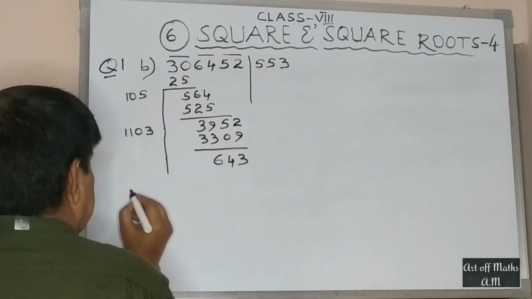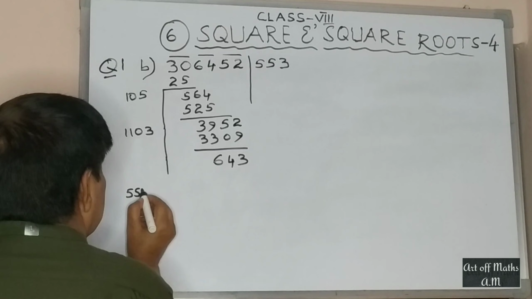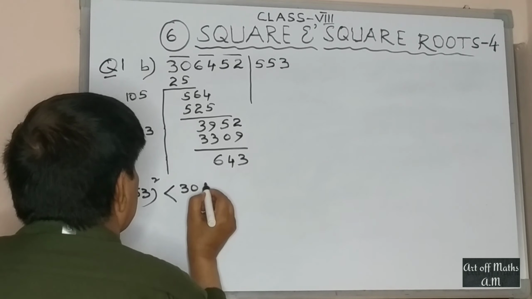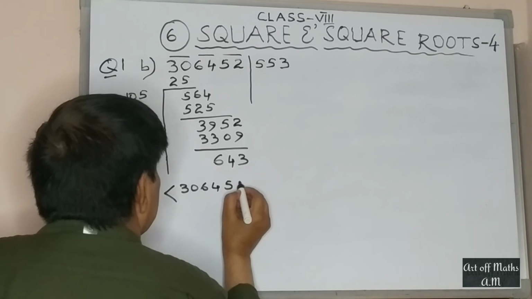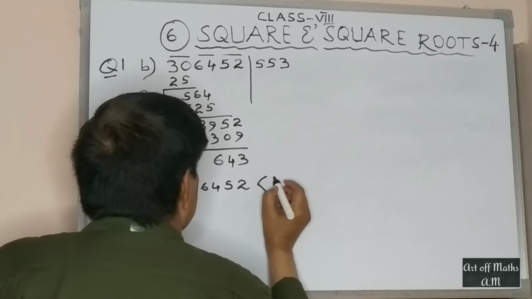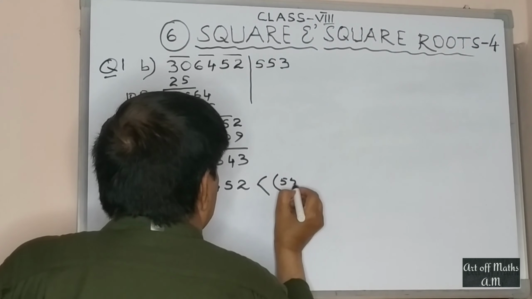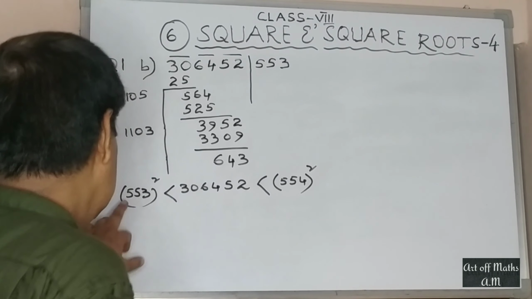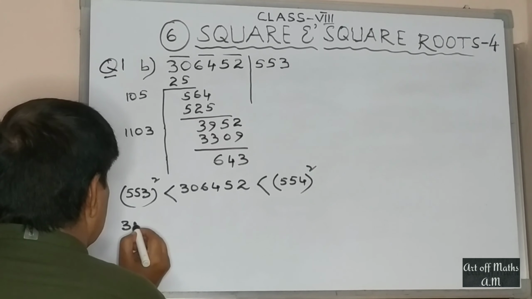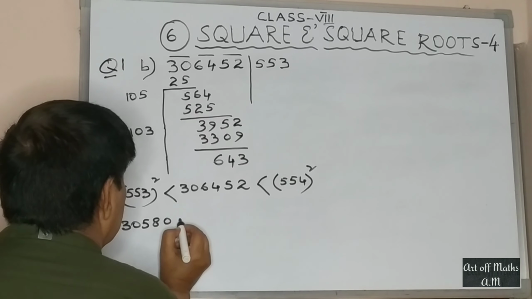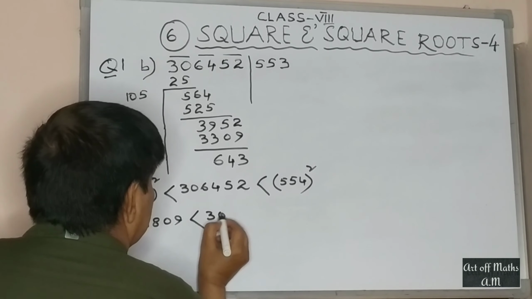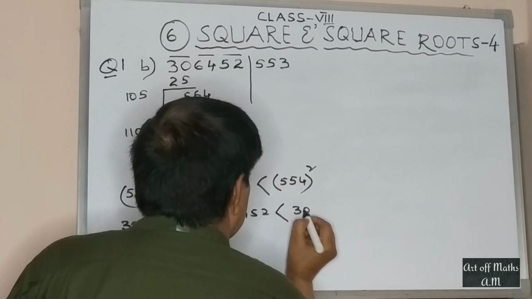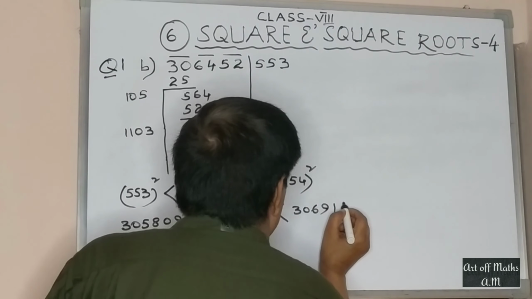Now again 553 square is less than 306452, which is again less than 554 whole square. 305809, 306452 less than 306916.